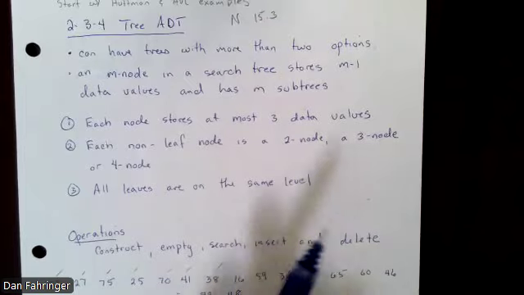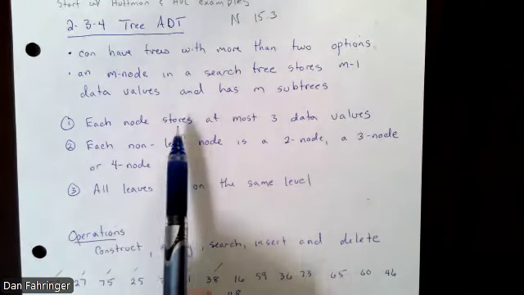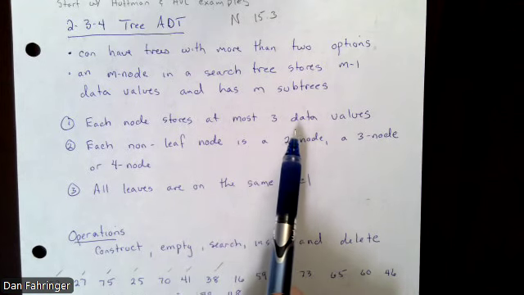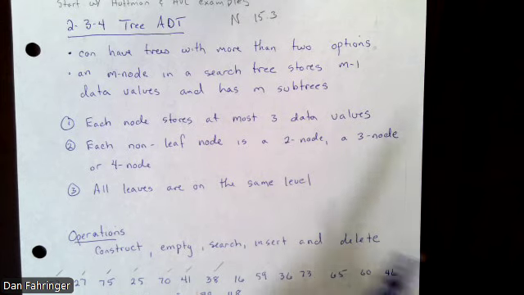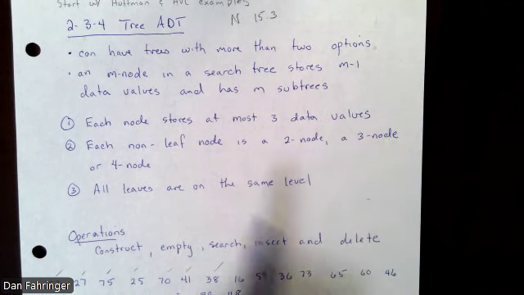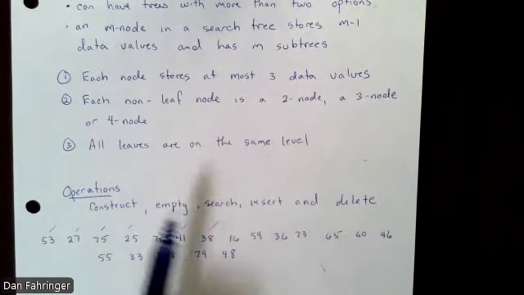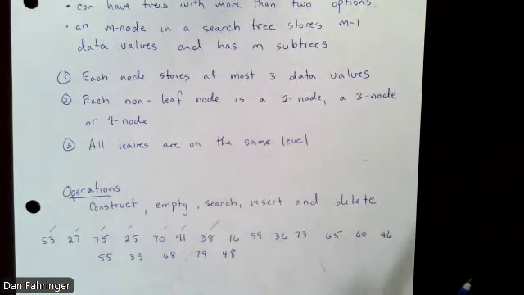What we're doing today with this 2-3-4 tree, I can store at most 3 values. I can have as many as 2, 3, 4 children. All these different things are going to change what we've done before. Like all new abstract data types, we start thinking about constructing. How do we build it? That's the first one we're going to look at.